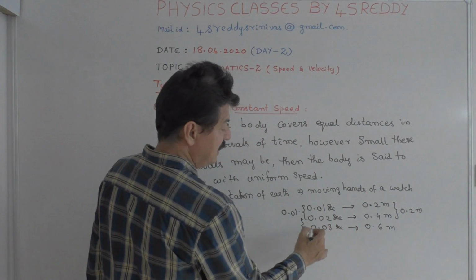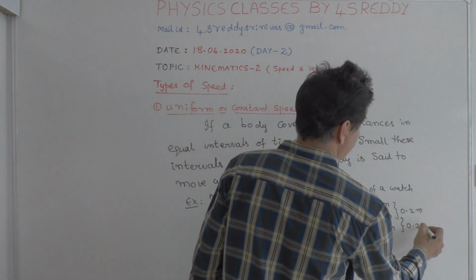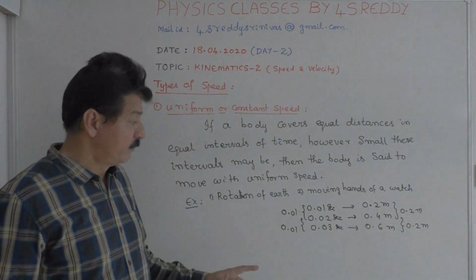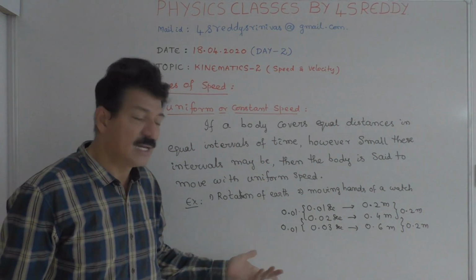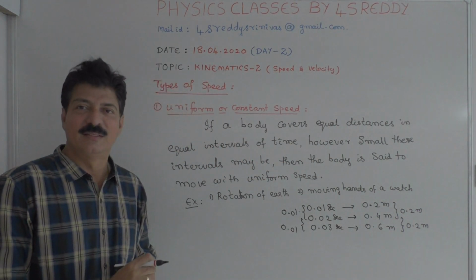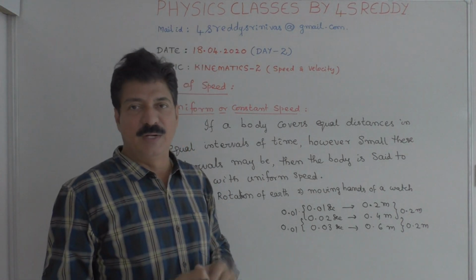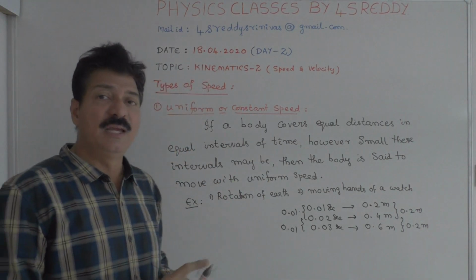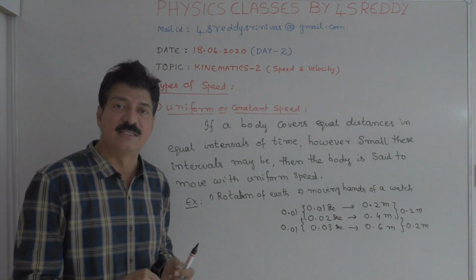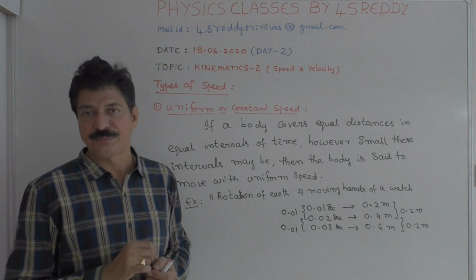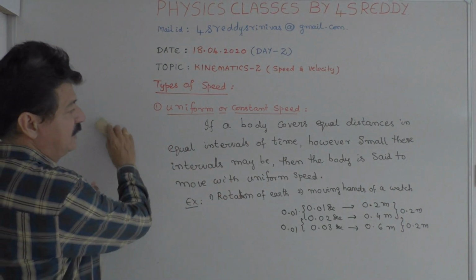Again, the difference between these two is 0.01, and the distance is again 0.2. That means it covers equal distances in equal intervals of time. That's why the body is said to move with uniform speed. In physical examples, any object in uniform circular motion can possess uniform speed. This is about the first one.